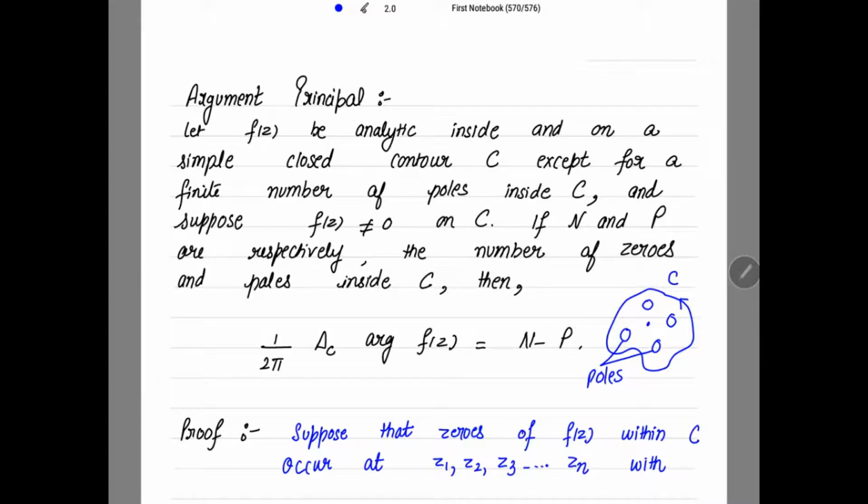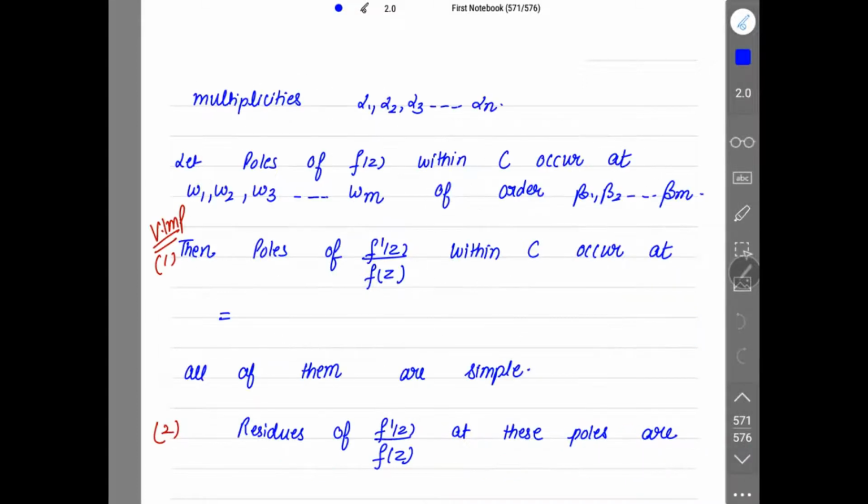Suppose that zeros of f(z) within C occur at z1, z2, z3, up to zn with their multiplicity, suppose alpha 1, alpha 2, alpha 3, up to alpha n, right? And let the poles of f(z) within C occur at w1, w2, w3, up to wm of order beta 1, beta 2 up to beta m.